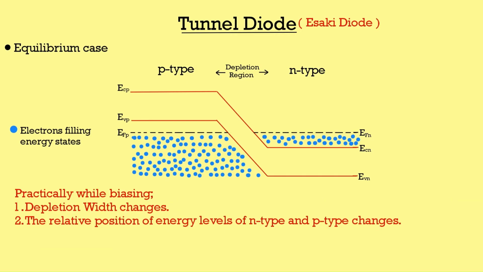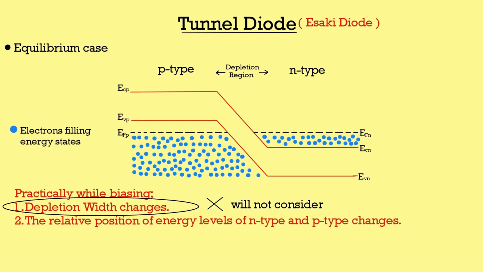Practically, when we bias a diode, two significant changes take place. One, the depletion width changes. We know that the depletion width is dependent upon the applied voltage. And the second change that takes place is the relative position of the energy levels of the n-type and p-type. However, for our easier understanding, we will ignore the first impact, which is the change in the depletion width.